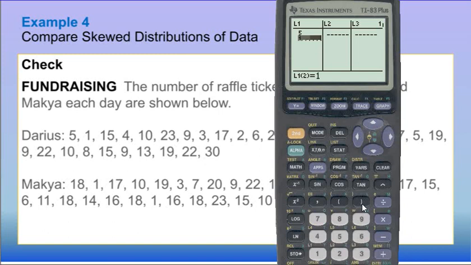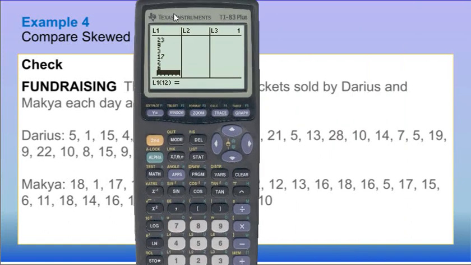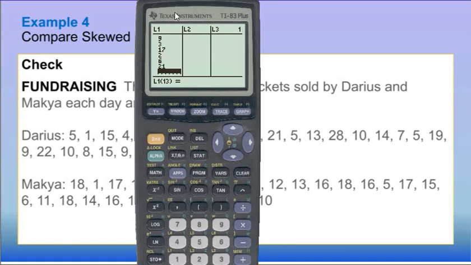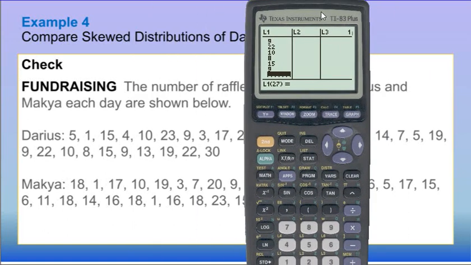So you got 5, 1, 15, 4, 10, 23, 9, 3, 17, 2, 6, 21, 5, 13, 28, 10, 14, 7, 5, 19, 9, 22, 10, 8, 15, 9, 13, 19, 22, 30.